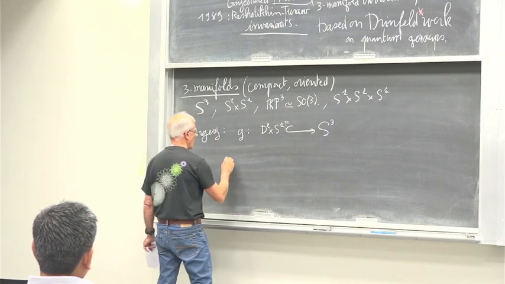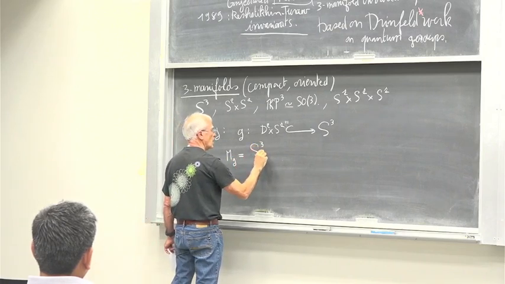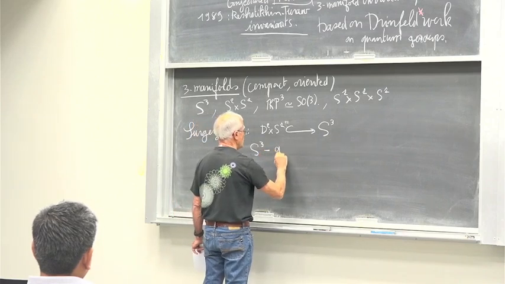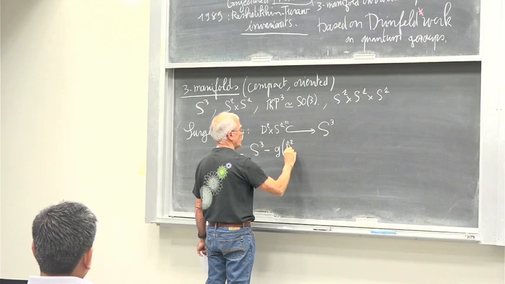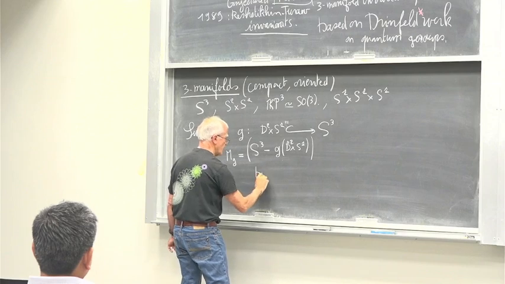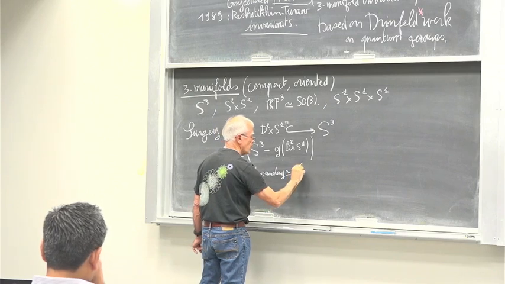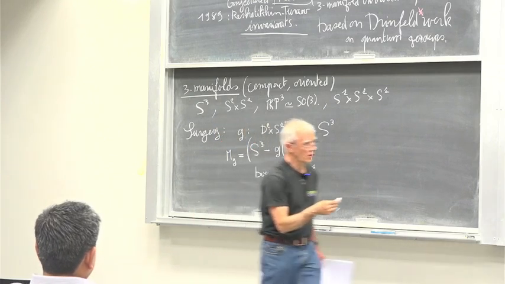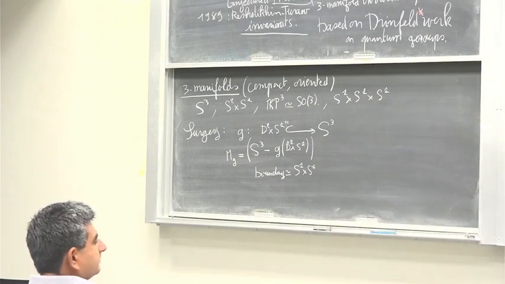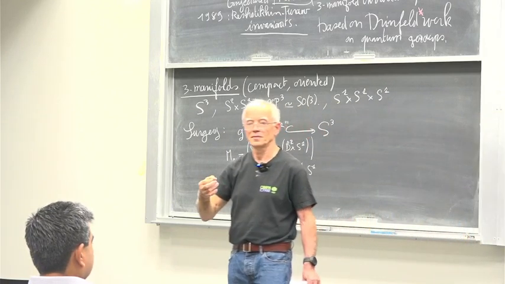And then I will build M_G, which is S3 minus the interior of this torus. So this manifold has boundary identified with S1 times S1. So you took here your thing, and you take a pair of scissors, and you remove the interior of this.